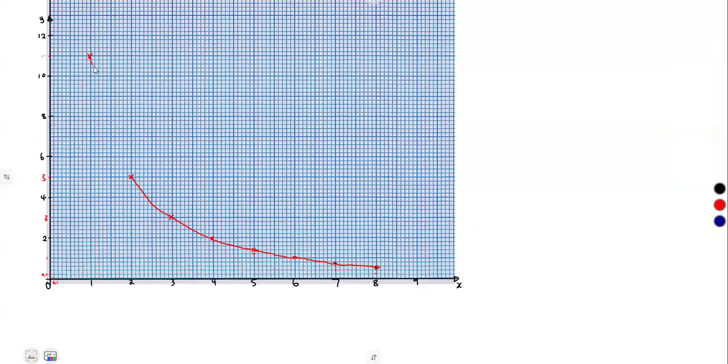You are supposed to have something that is very smooth, guys. Something like this. So this is our hyperbola. So like I said, guys, produce something that is smoother than this one. So that's y is equal to 12 over x minus 1.